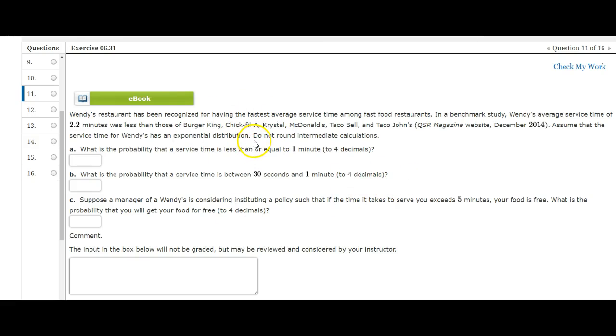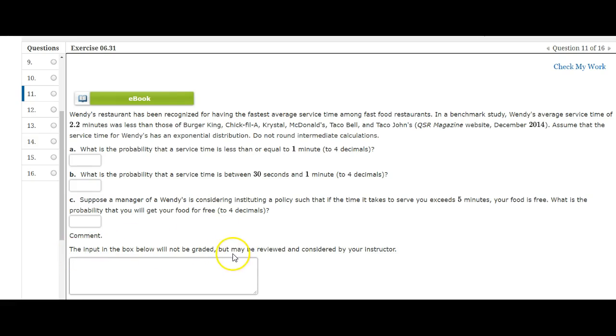And if you're doing this by hand, they make a point of telling you not to round the intermediate calculations, because exponential distribution calculations are very sensitive to the magnitude of the decimal places that you use in the intermediate calculations. And then next, we want to know what's the probability that your wait time will be greater than 5 minutes. If that's the case, your food's going to be free. So those are the 3 probabilities they want to ask.